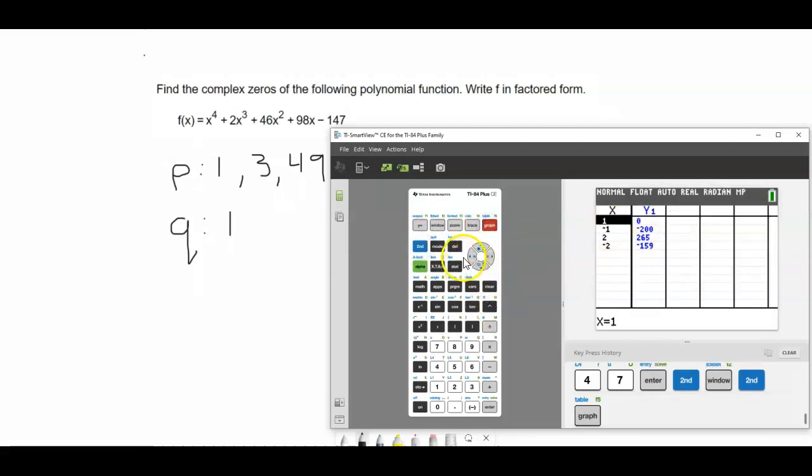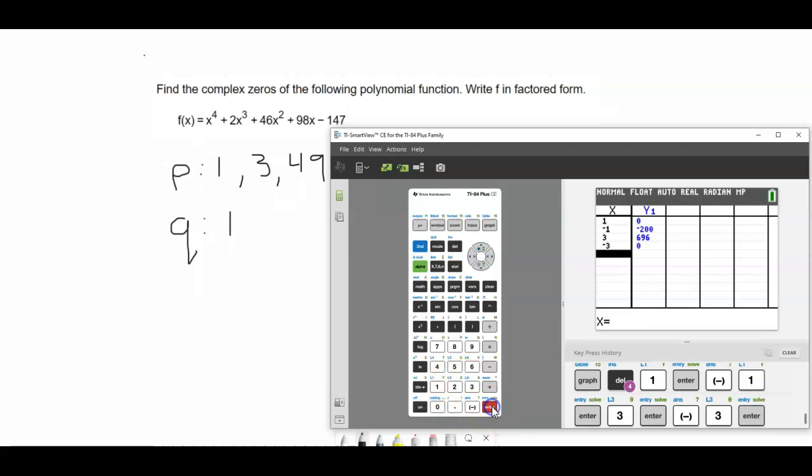And I'm going to start putting in these numbers, again, both positive and negative. So 1, negative 1, 3, negative 3, 49, negative 49, 147, and negative 147.